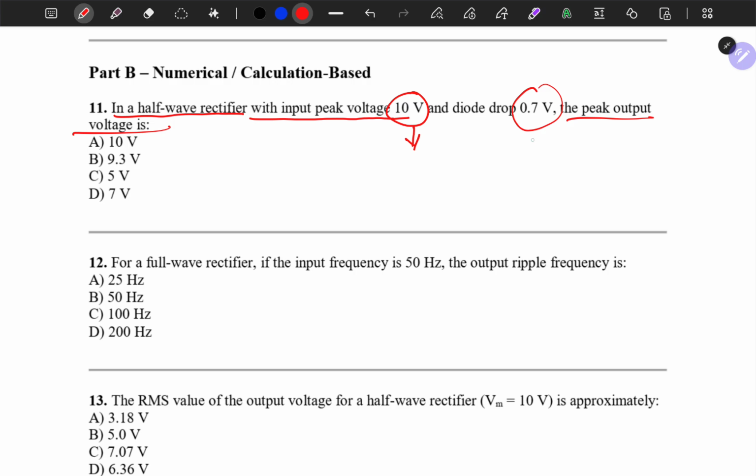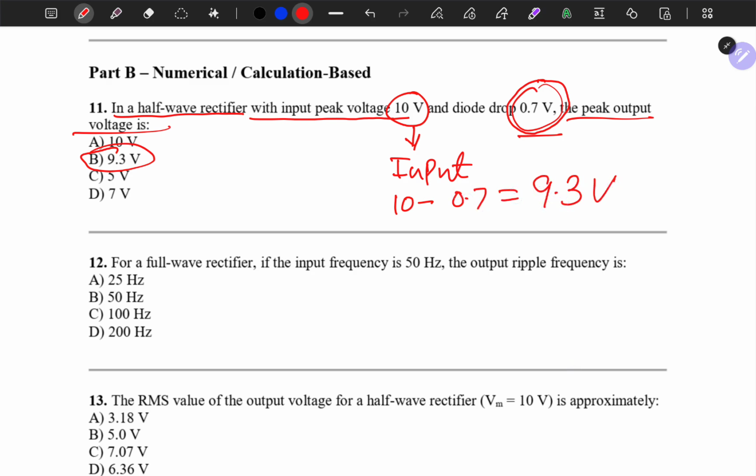This is the input, and you are just dropping 0.7, so 10 minus 0.7 we will get 9.3 volts. So the correct option is B.